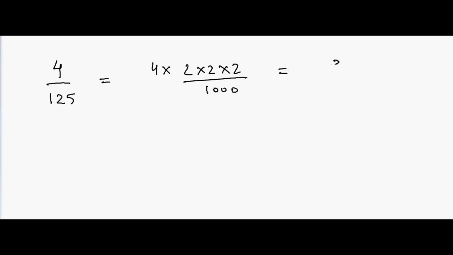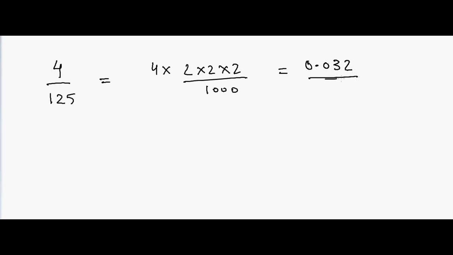Another example will be to divide by 125. If I have 4 and I want to divide by 125, how will I do that? In that case, that will be 4 into 2 into 2 into 2 divided by 1000. So 4 into 8 is 32. So we have 32 and we put a 0 here.